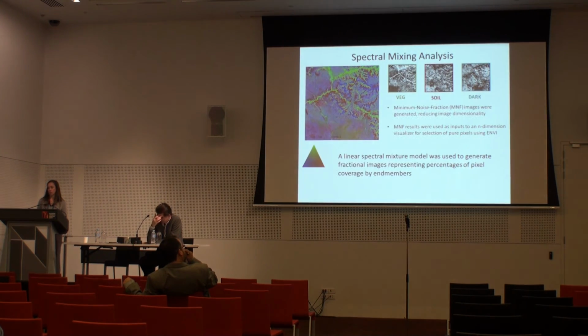That process consisted of generating a minimum noise fraction image to reduce image dimensionality, and that was used as an input for an n-dimensional visualizer in ENVI. So that gave us these 3 endmembers: green vegetation, bare soil, and what we call dark endmember, which might represent some measure of moisture in the soil or water standing, although there's not a lot of that in the environment where we're observing the monkeys.